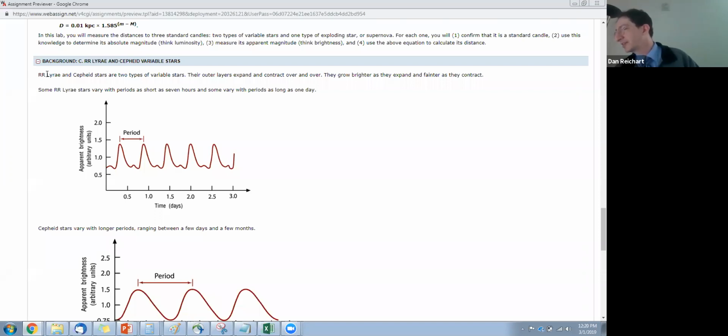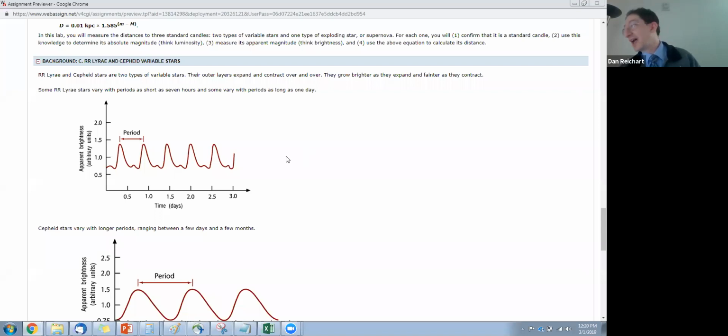We all know it's an opacity effect, where the opacity gets high, and so it's trapping light and energy, so it inflates and gets big. The density drops, the opacity drops, the light escapes, and so it shrinks back down, and as it shrinks down, the opacity changes again, and it cycles through over and over again.